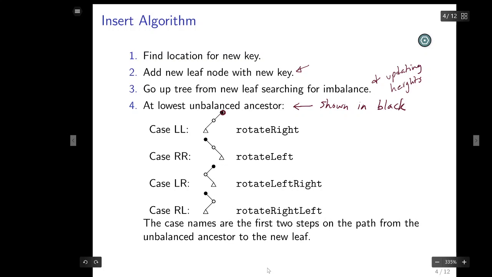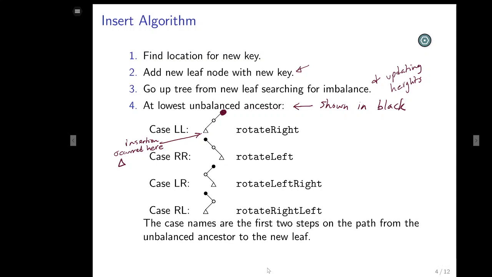So this node right there represents the unbalanced ancestor that you've reached, depending on its relationship to the place where the insertion occurred. The little triangle is where the insertion was.